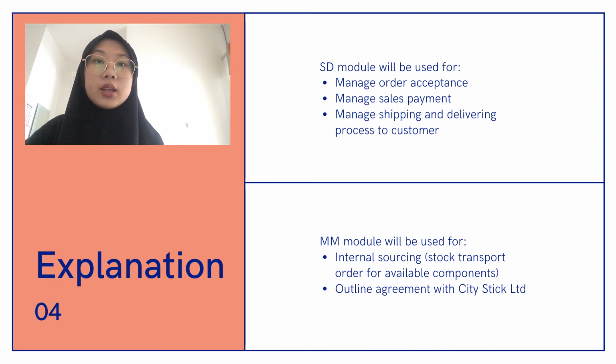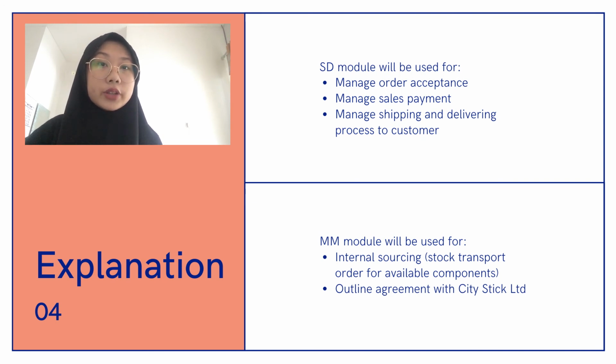Other than that, we also need to deliver the finished products to Capitol Record in a big amount. So the shipping and delivering process also needs to be managed, and the right thing to do is also using the SD module.